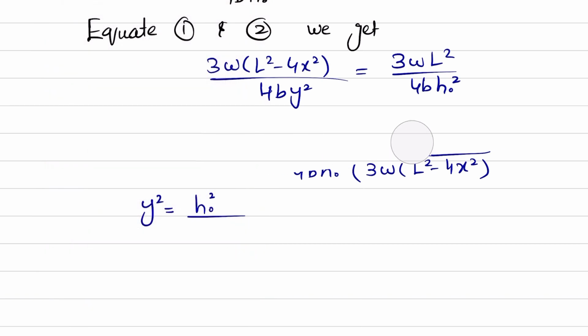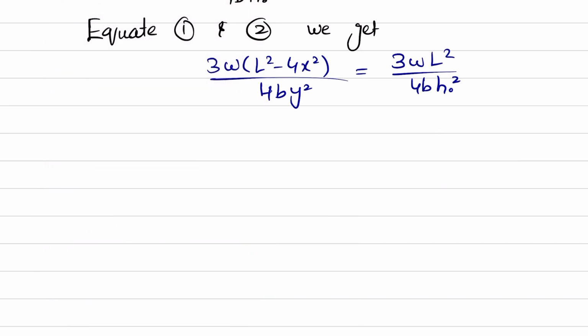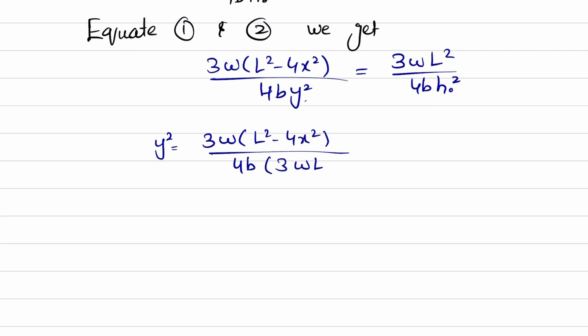Again, it can happen while you solve this problem by yourself. This y will go there. So y square is equal to 3w into l square minus 4x square over 4b into 3w l square, and we will have 4b h naught square. So 4b will cancel with b.